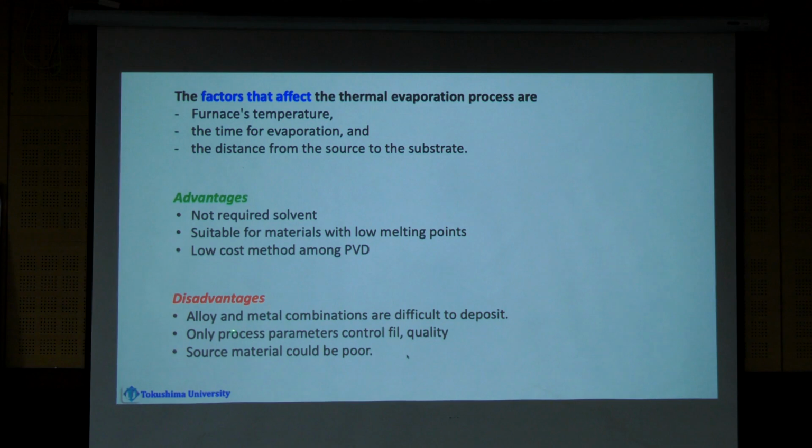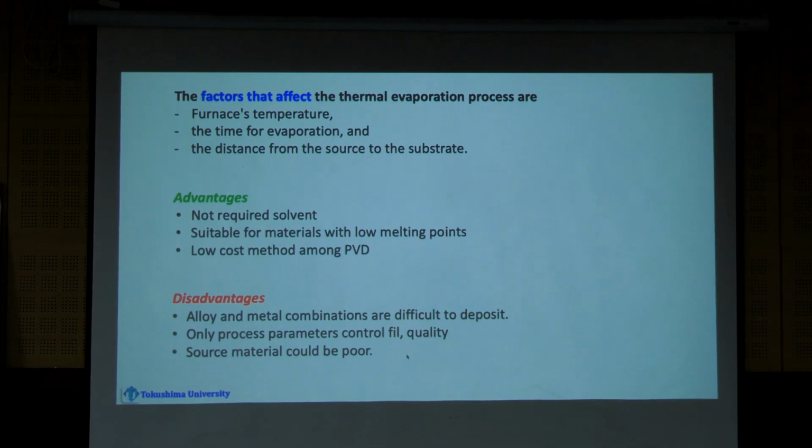Disadvantages: alloy and metal combinations are difficult to deposit. Why? Because if you want to deposit silver and gold, you put silver and gold, but their melting points are different. It is not possible that they mix up and go together.